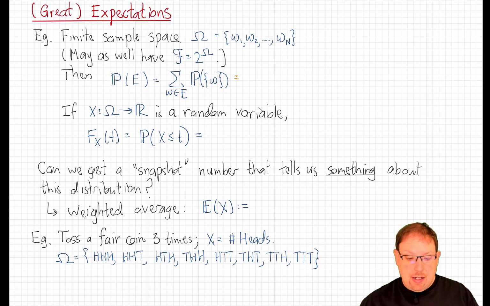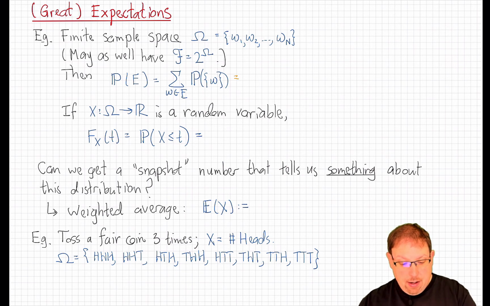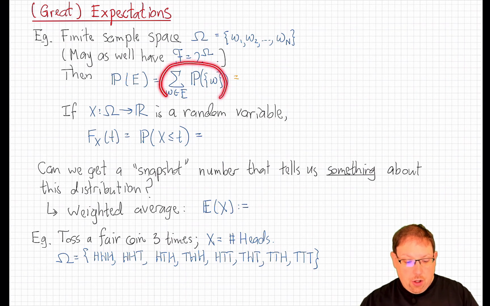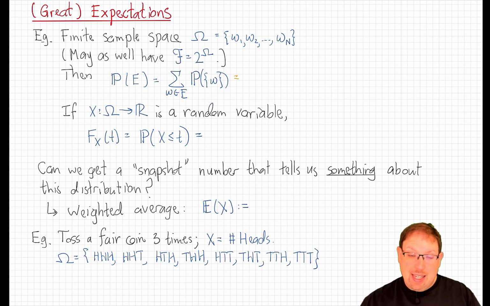In this discrete setting, those will typically not be 0, at least certainly not for all of them. The reason that that's good enough is by the additivity of probability, because all of those individual outcomes as singleton sets are disjoint from each other, and therefore the probability of the event E is actually the sum of the probabilities of all of the individual outcomes in E.